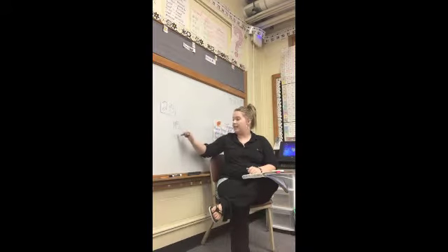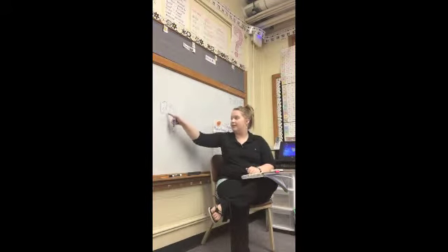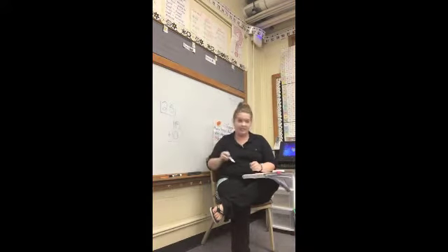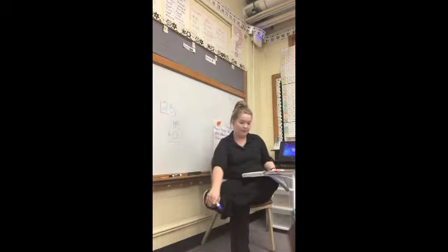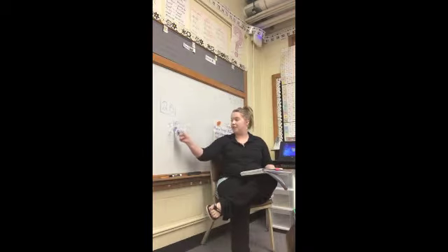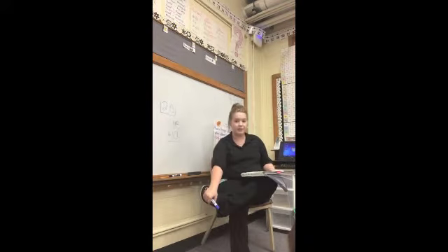None. And how many do you need to add here? 1. Okay, so it would be 115 plus 100. The only thing that changed was your hundreds place. That's our place value.